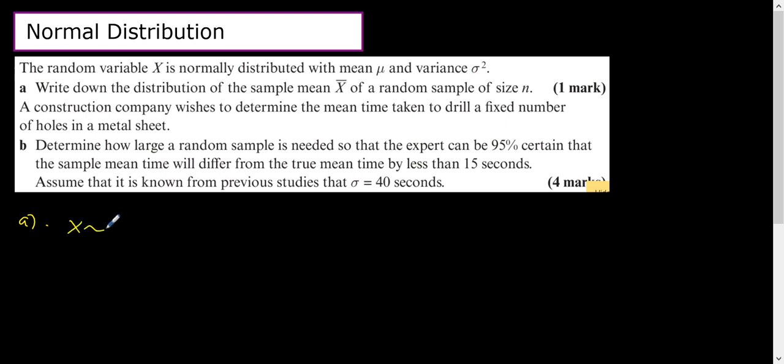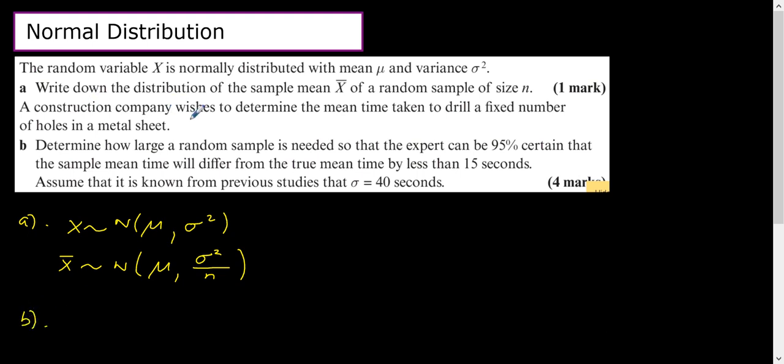So X is a normal distribution as we know and love. X bar, the mean, is a normal distribution where we have to adjust according to the sample size. And that's all that's required for part A of the question. Just this little bit that you know that you're dividing by the sample size.